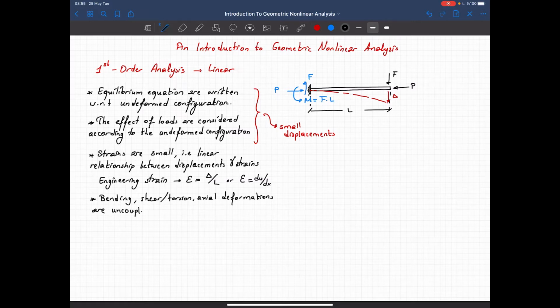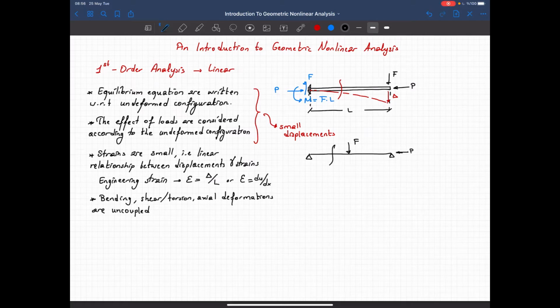We are just examining them as if they don't interact with each other, right? So we just take a section cut somewhere here, and maybe let's just show it for a simply supported beam, it's easier. So for a simply supported beam, let's say that I have F here and P here.